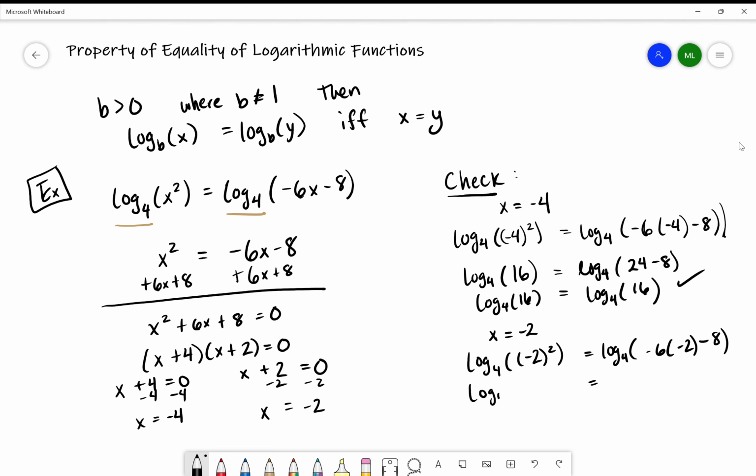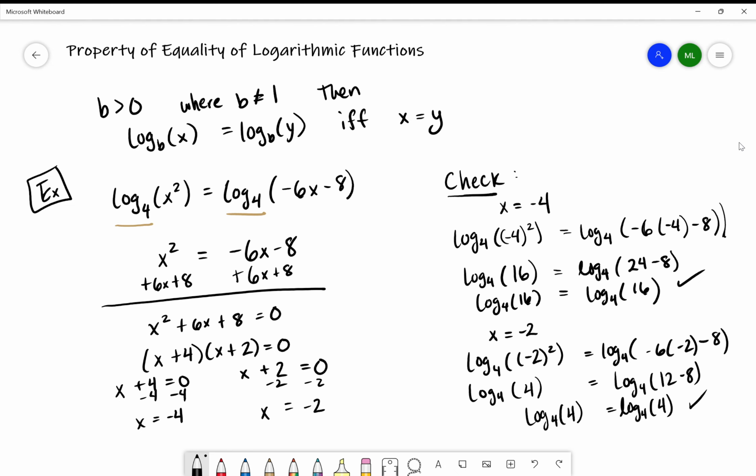Negative 2 squared is positive, so you have log base 4 of 4, equal to log base 4 of negative 6 times negative 2, which is 12, minus 8, and that's also equal to 4. So I get the same number inside both of those logs, just like for x equals negative 4. So this also checks out.